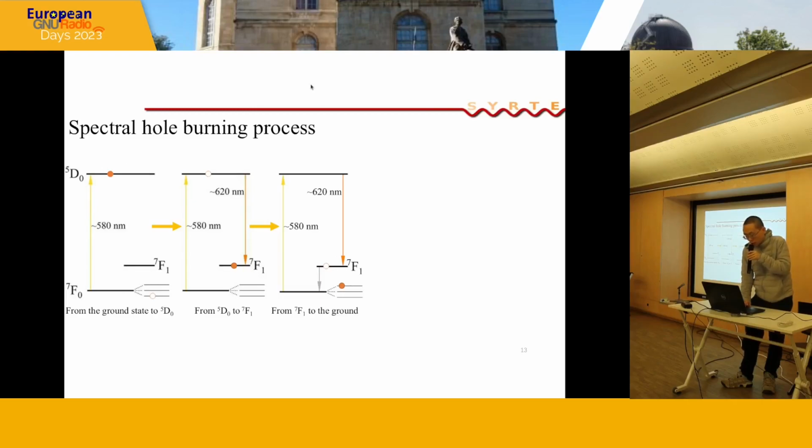So after one round of pumping, the ion has the possibility to go to another hyperfine energy level, but it's just a probability. Of course, if it comes back to the original hyperfine state, we can pump it for another round. Eventually, this ion will go into another hyperfine state.